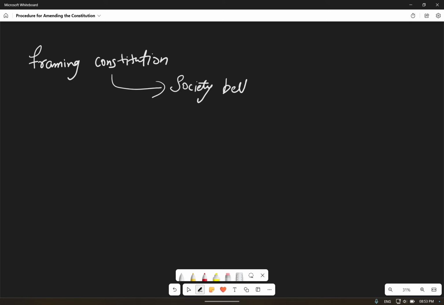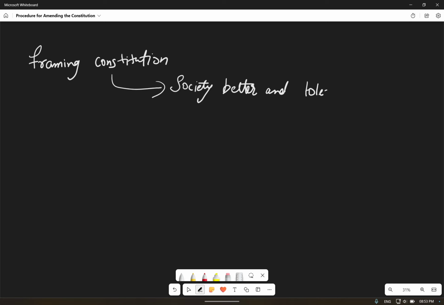See, the drafters of the constitution believed that it needs to reflect societal changes as well as aspirations of the population. Whenever the constitution is framed, their aim was to make society better.